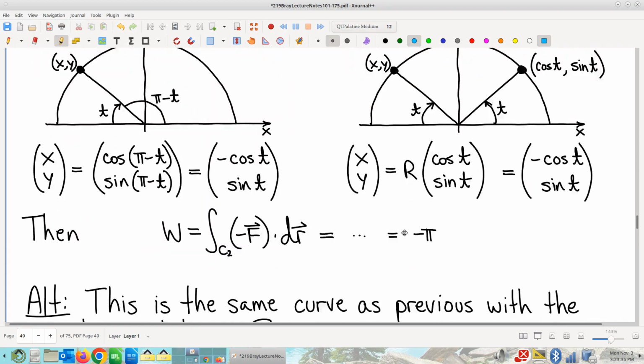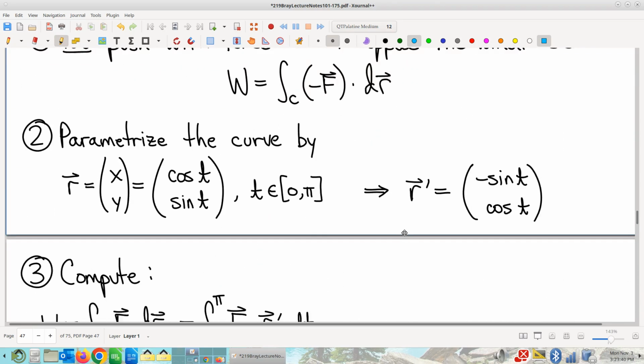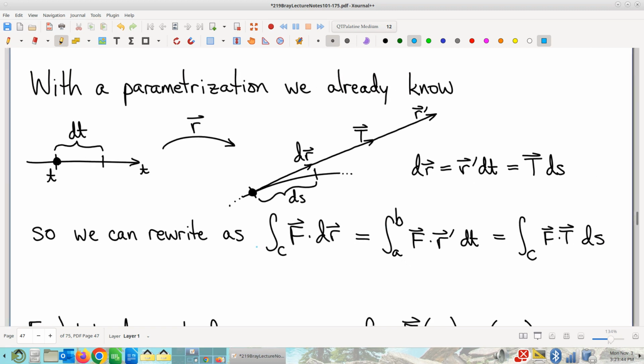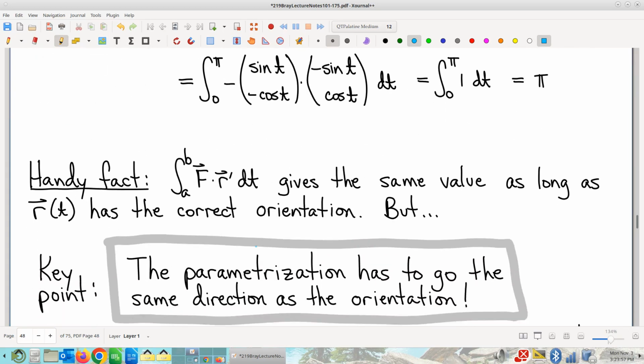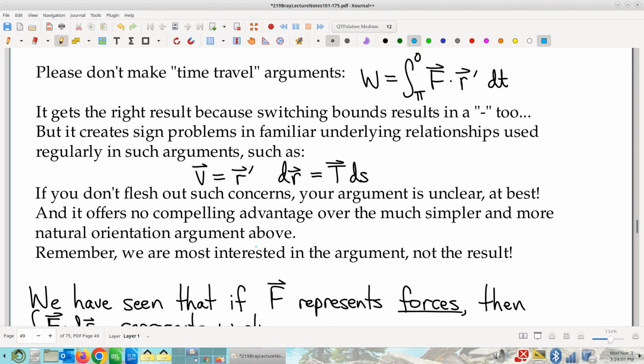The calculations we've been doing are set up based on this framework that we have. We've put together various relationships between various objects, the R and the R prime and the T and the DR and lots of details. When you go backwards through an existing parameterization, those relationships are not all still true.